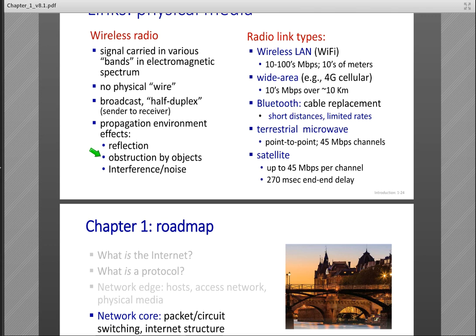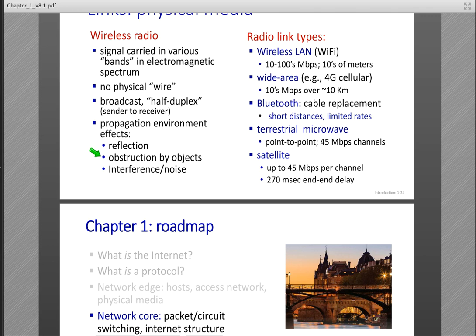The second one is obstruction. What does it mean? The objects surrounding the wireless network absorb energy of signals. How? For example, when you are going into an elevator, or you are traveling across a tunnel.